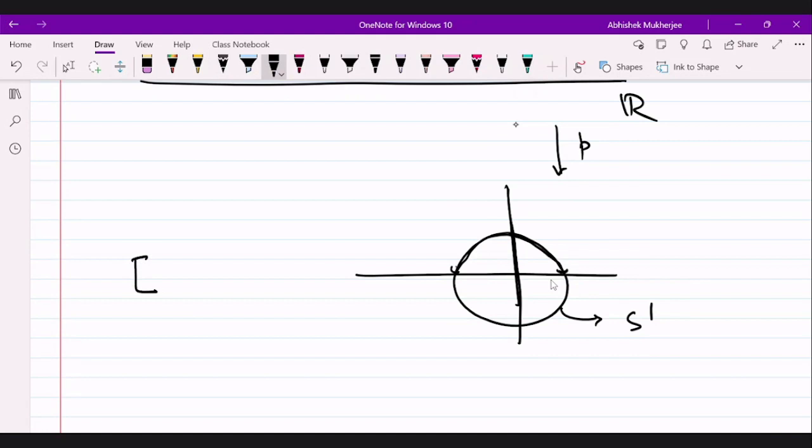So this is a path, suppose it is gamma, okay.